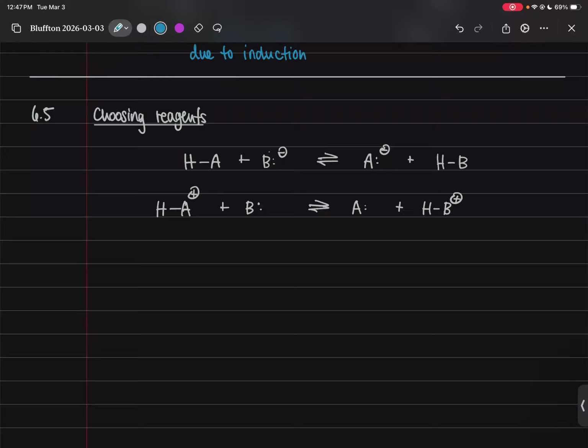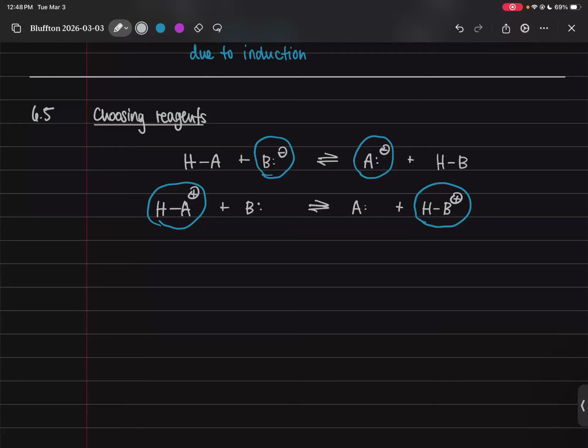And so what we need to do in order to select actual reagents rather than just A and B is look at the ions that are part of the acid-base reaction.